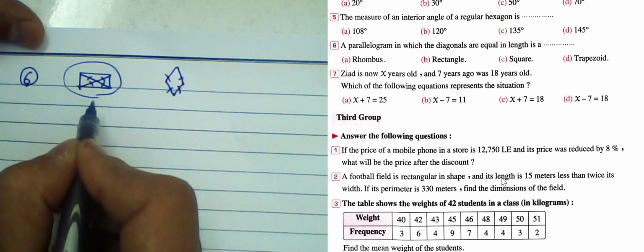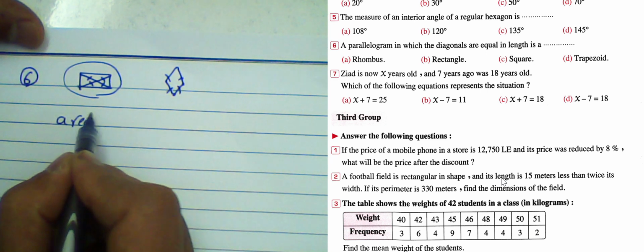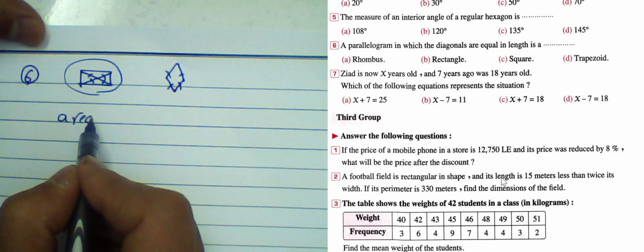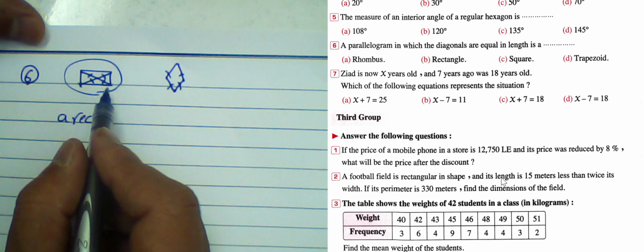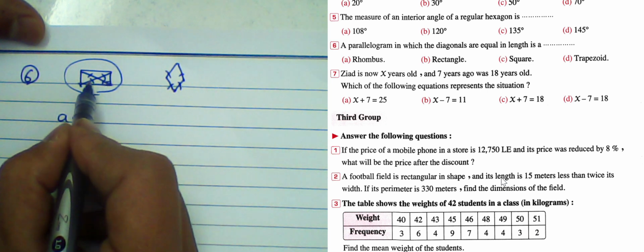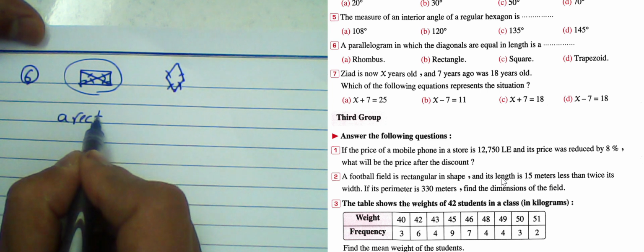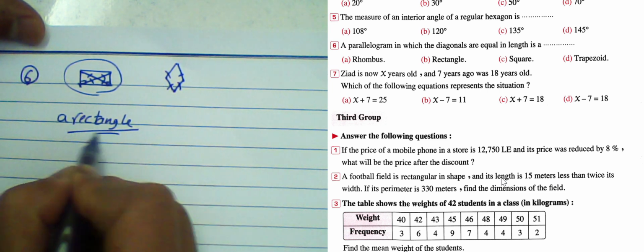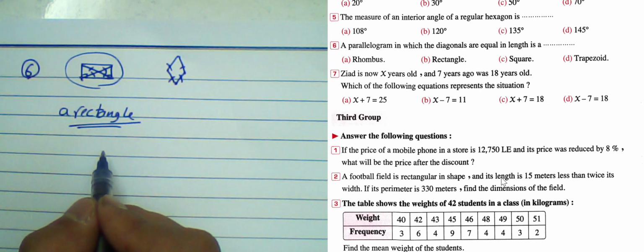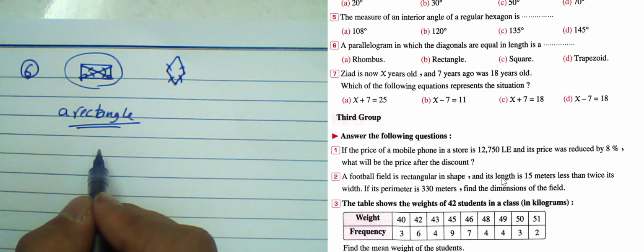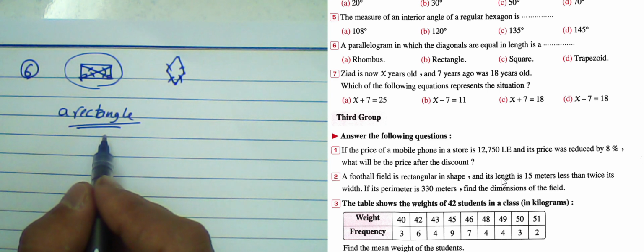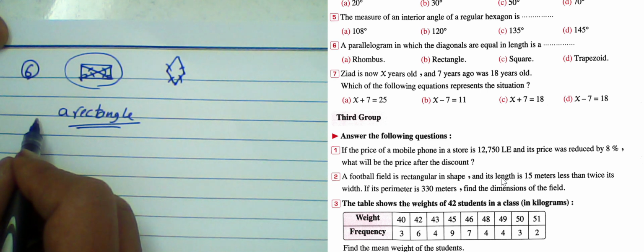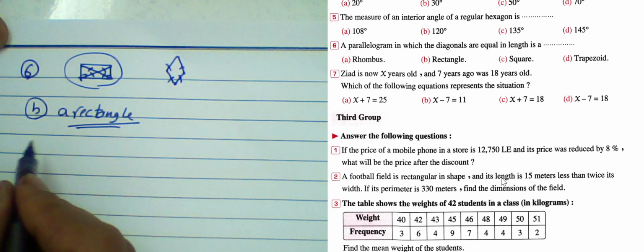So we must choose rectangle. A rectangle is a parallelogram whose two diagonals are equal in length, and the measure of each angle equals 90 degrees. So we must write rectangle for question number 6, because it tells us a parallelogram whose diagonals are equal in length. In question number 6, choose letter B.